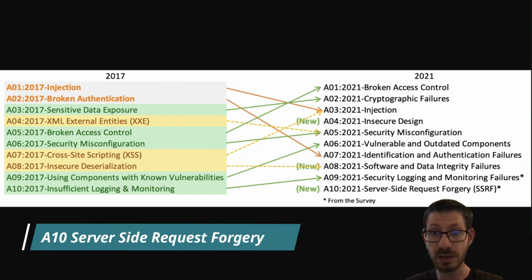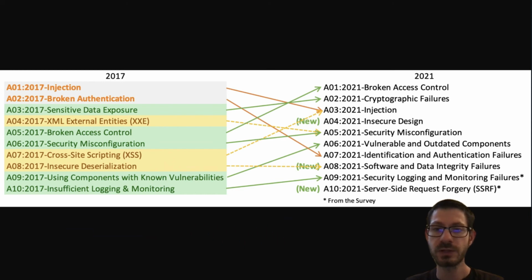And then the last one is server-side request forgery. So in 2017, I was glad that these 2 categories were added because these are non-classical vulnerabilities. You can argue that these are not even real vulnerabilities. It's just, for example, for the logging, a way to detect them.